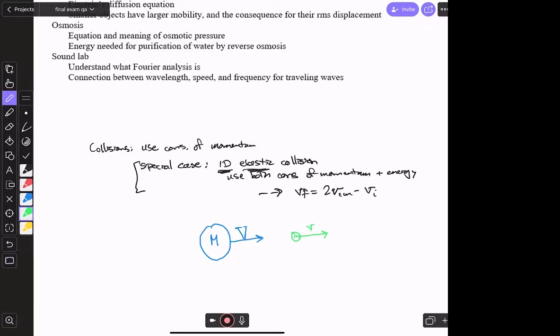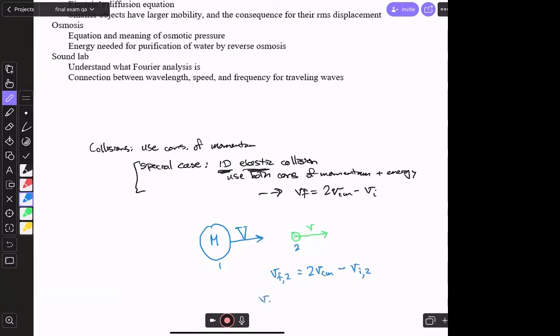We ask, what is the final velocity of both objects? Let's call these objects 1 and 2. The final velocity of object 2 will be twice the velocity of the center of mass minus the initial velocity of object 2.